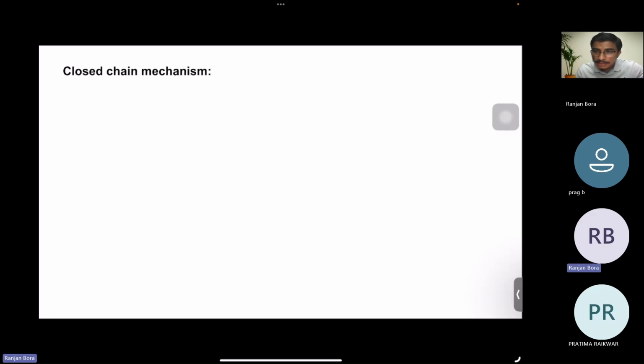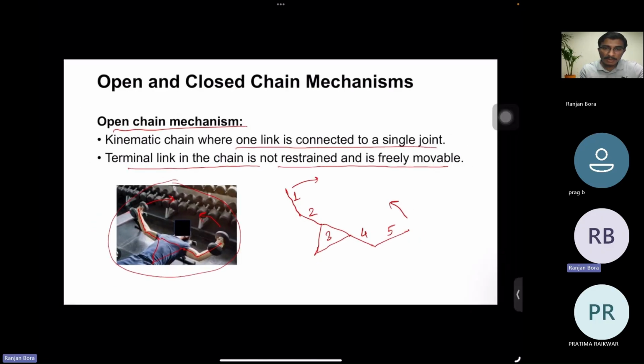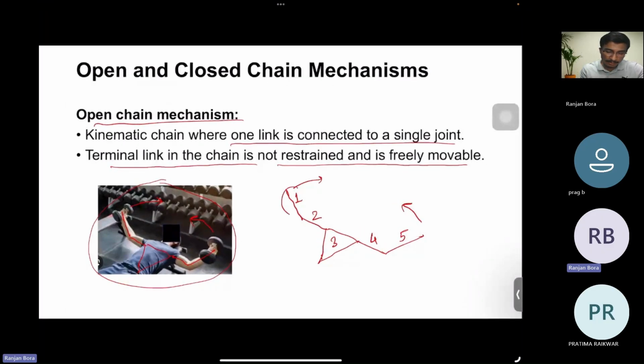Does it mean all the degrees of freedom are movable? Yes, the degrees of freedom for the terminal link only. We are only looking at the degrees of freedom of this link; we are not concerned about the degrees of freedom of all the other system.